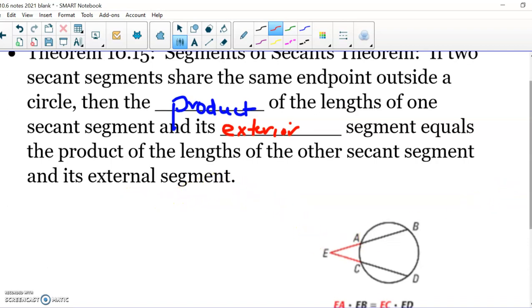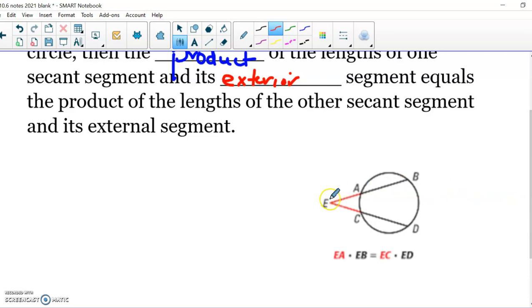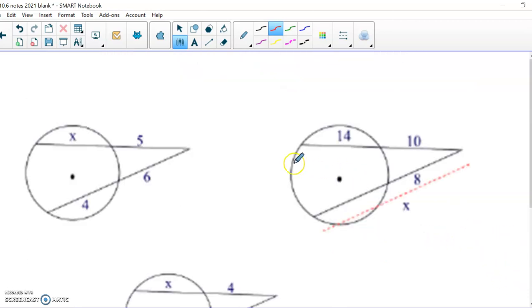Okay, so let's take a look at that. What they're saying is the outside times the whole thing equals the outside times the whole thing. Makes a little more sense when we put some numbers on that.